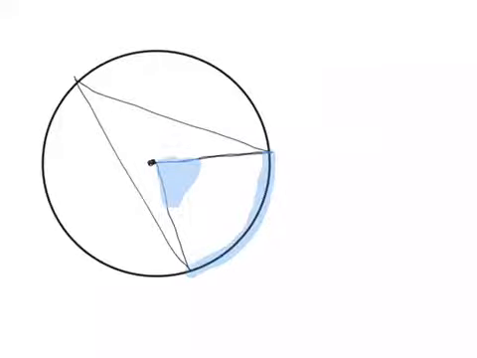And we get another angle right here that's called the inscribed angle. That's the highlighter. I want the pen. There we go. So this is the inscribed angle.